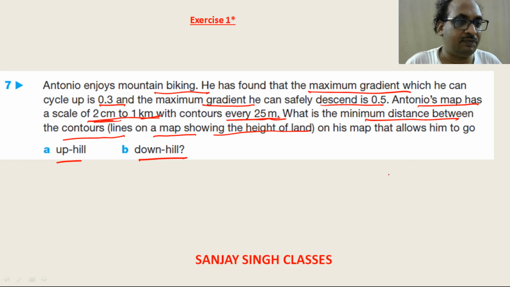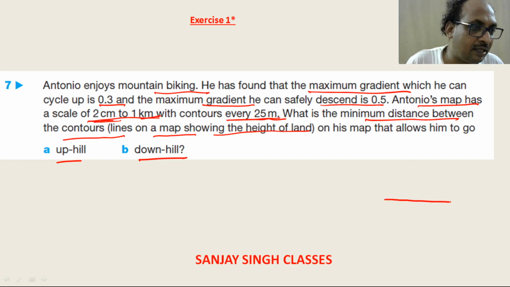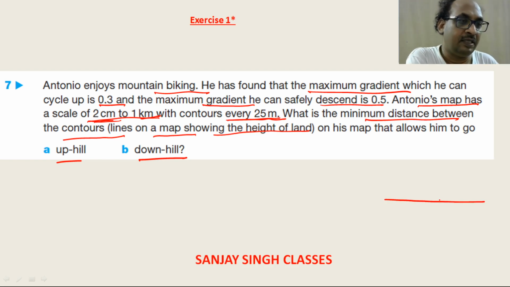So it means if this is the level of ground and if suppose this is the height of a point, you can say mountain top. So he enjoys cycling up. So cycling up means, right, slope of this particular line which is positive, it will be 0.3.